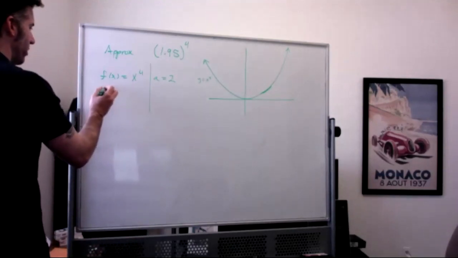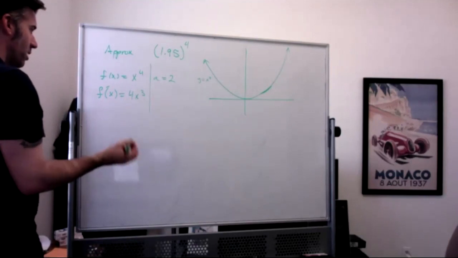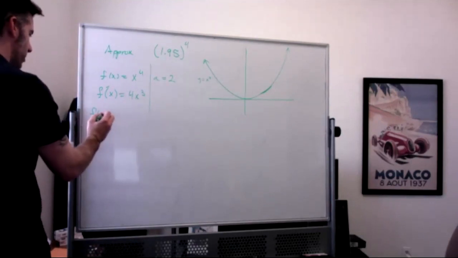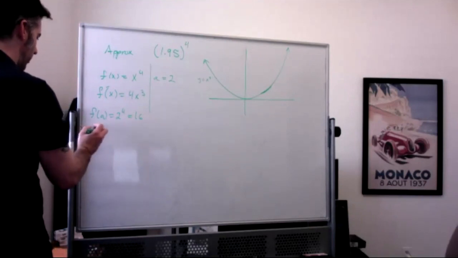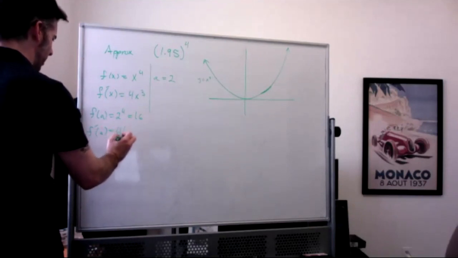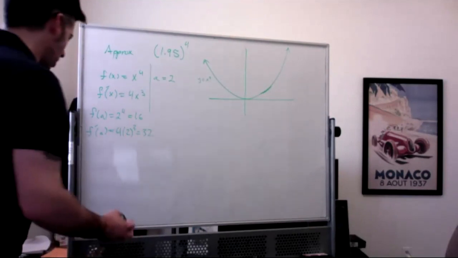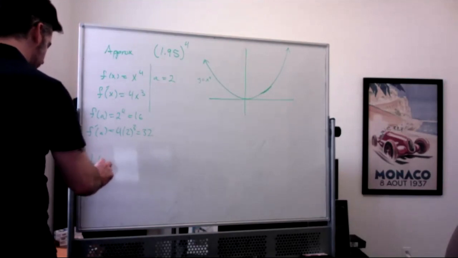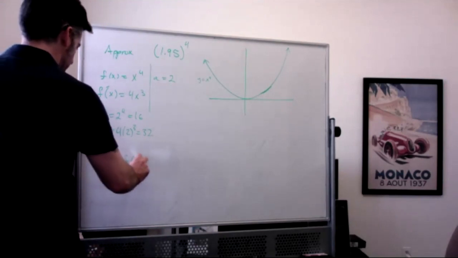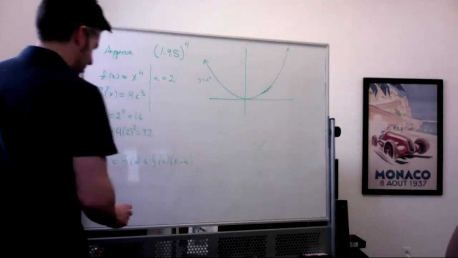Our derivative here is 4x cubed. F of a is 2 to the 4th, which is 16. F prime of a is 4 times 2 cubed, which is 32. So our linearization is that L of x is f of a plus f prime of a times x minus a.